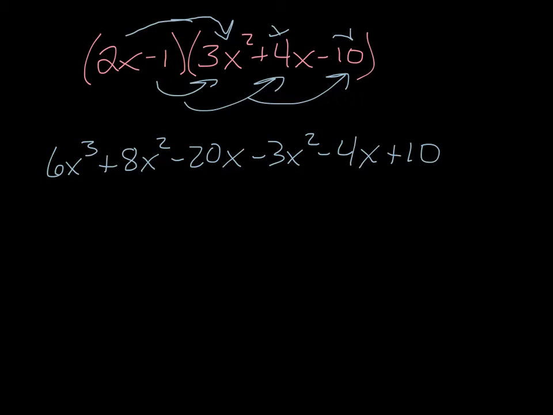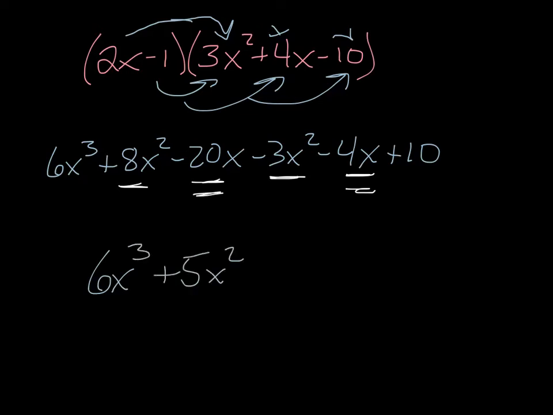And we're going to look through to see if there are any like terms. And we do have a couple different ones. And so our final answer will be 6x cubed plus 5x squared minus 24x plus 10.